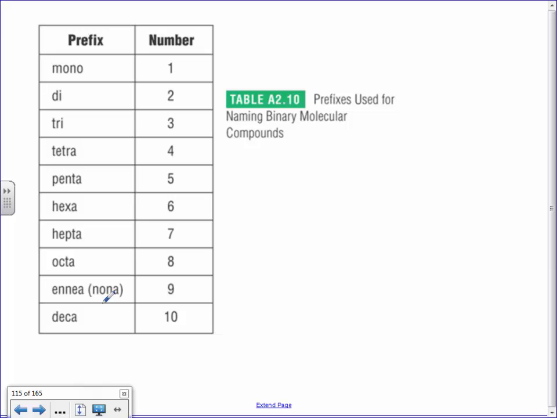We're going to try to name some compounds now. If you don't finish your list, by the way, this is in your notes, so just go back and get it later.